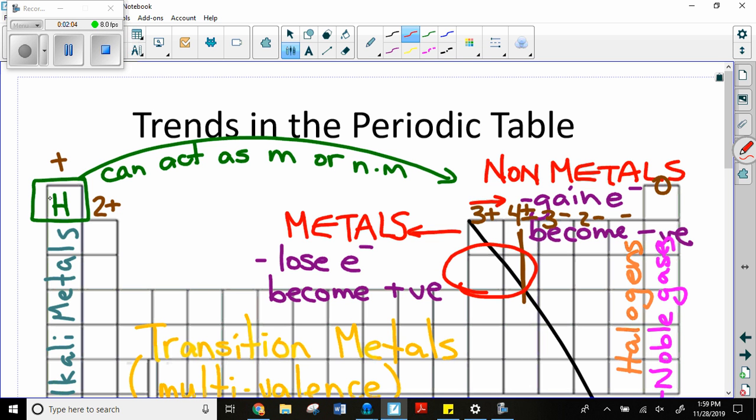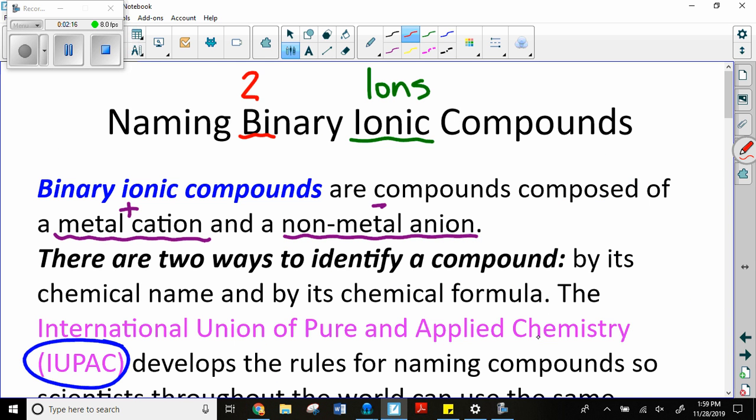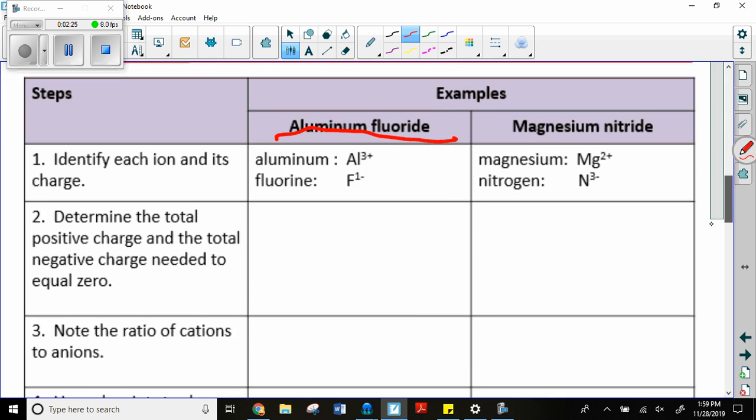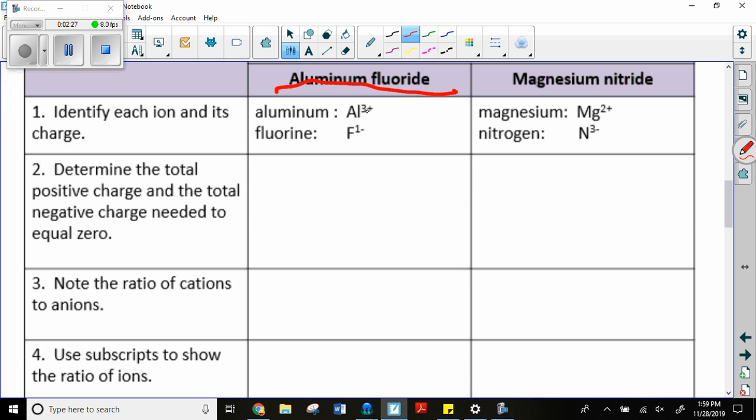So if we're counting, +1, +2, go over here, it's going to have a charge of +3. Okay, so aluminum has a charge of +3 and fluorine is a halogen. It has a charge of -1.